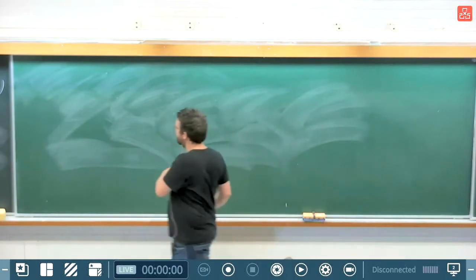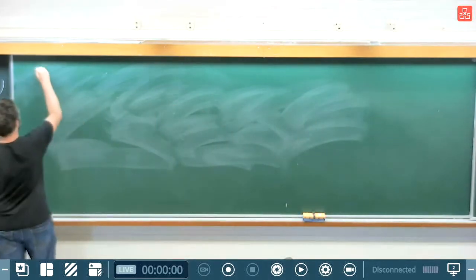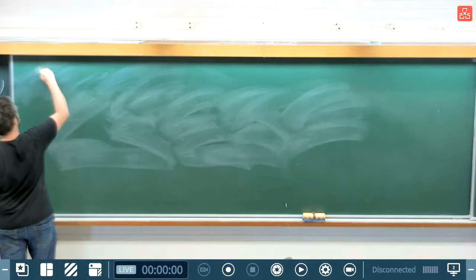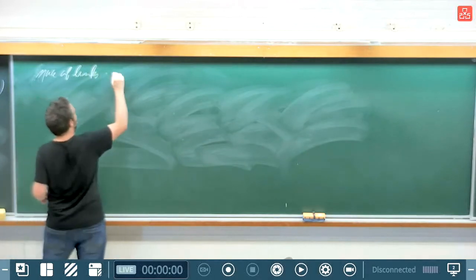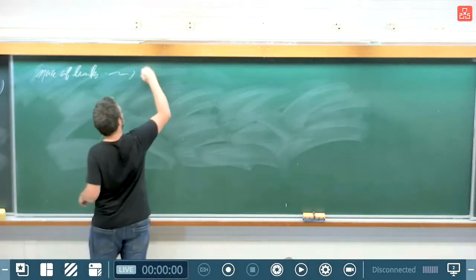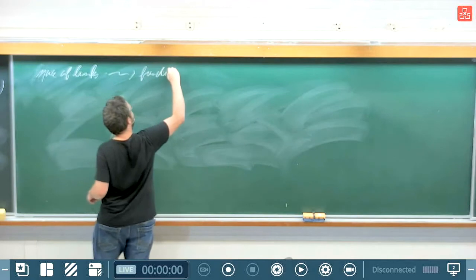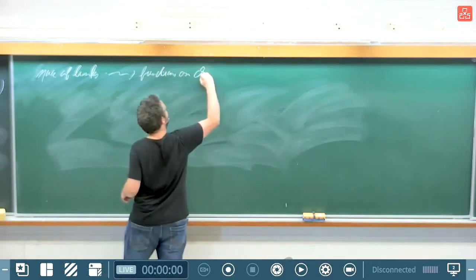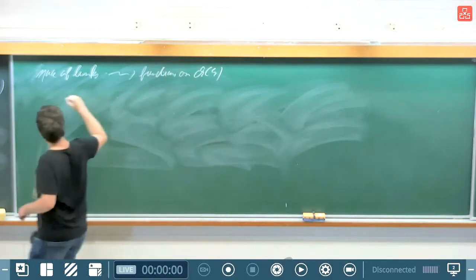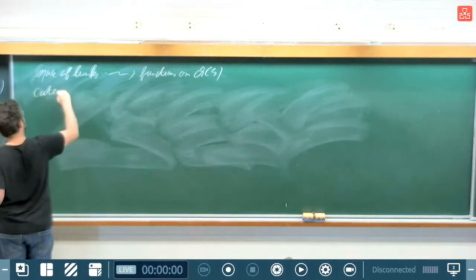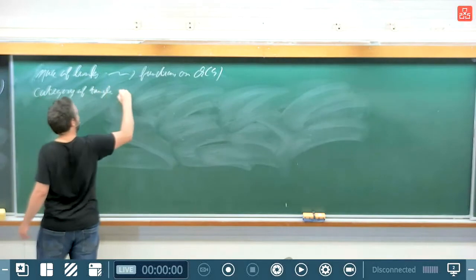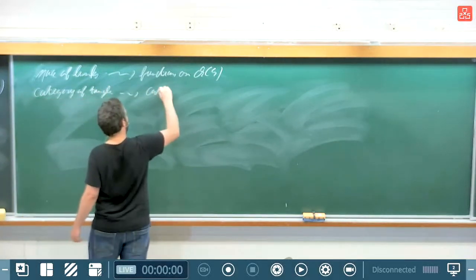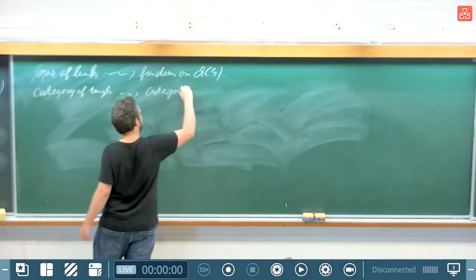So as I suggested with what I just erased, the space of links has very much to do with functions on the character varieties. And this category of tangles has very much to do with the category of sheaves on the character variety.